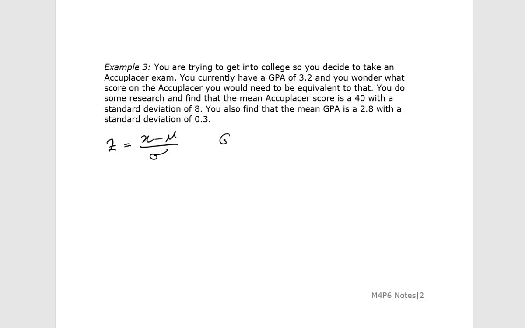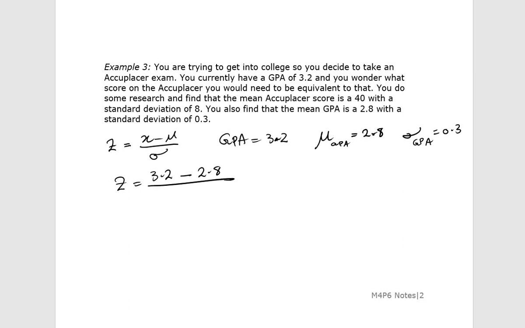We know that your GPA is equal to 3.2, and we know that the mean for the GPA is equal to 2.8, and the standard deviation for the GPA is 0.3. So the z-score will be equal to 3.2 minus 2.8 divided by 0.3, which is about 1.33. Now that we turned your GPA into a z-score, we can find the equivalent Accuplacer grade.